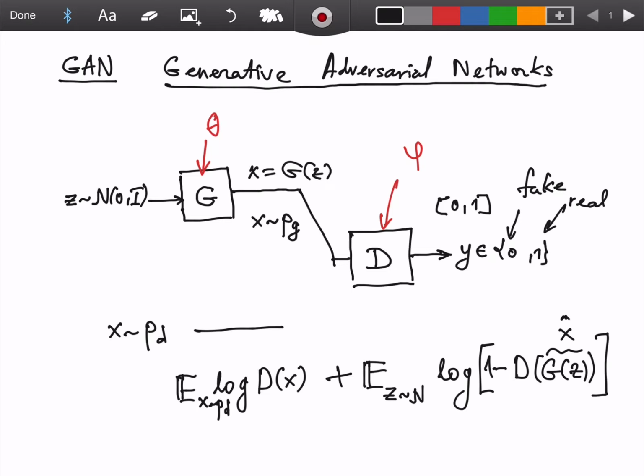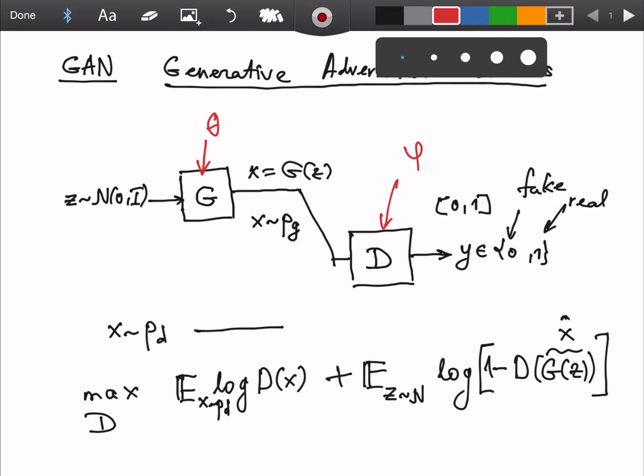And of course, this maximization is done over d. I write it over d, but obviously it's the set of parameters that parameterize d. It's the set of parameters phi that I wrote here. So I will write it in this way. It's optimization over d, but d belonging to this class of parametric models.